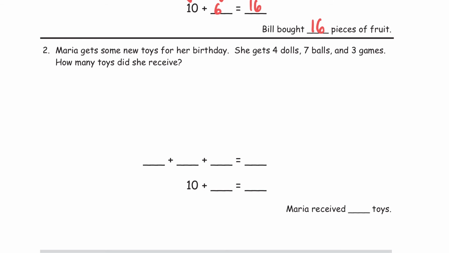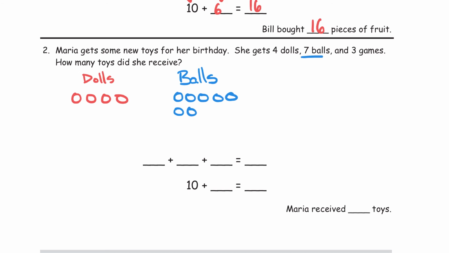Let's draw it out. So the first thing we have is that she has 4 dolls. Let's put down dolls, D-O-L-L-S, and let's draw 4 circles. 1, 2, 3, 4. She gets 7 balls. Let's write down balls, B-A-L-L-S. And let's draw 7 circles. 1, 2, 3, 4, 5, 6, 7.